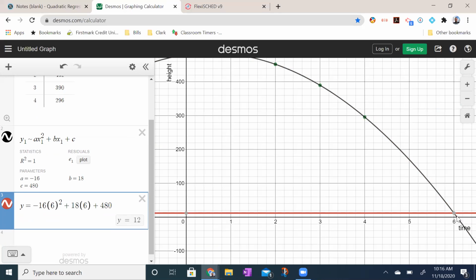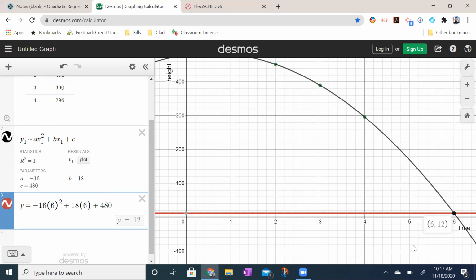So after 6 seconds, he is 12 feet from hitting the water. It's just like putting that in by hand and typing in the calculator. There it is. So here's 12 on the y-axis. There's the intersection. Bam. So x is your time, y is your height. So 12 feet from hitting the water after 6 seconds.